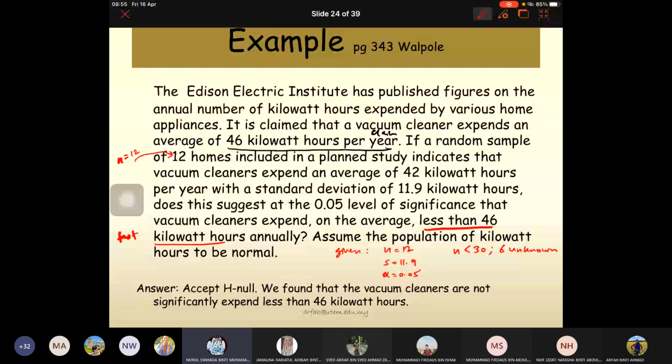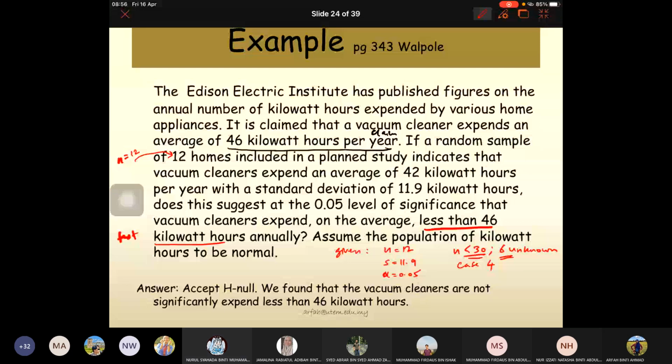Kau main belasah je. 4. Betul. Sebabnya sigma N kecil dan sigma unknown. So dia akan ikut which distribution? T distribution. Okay, betul. So dia akan follow T distribution.